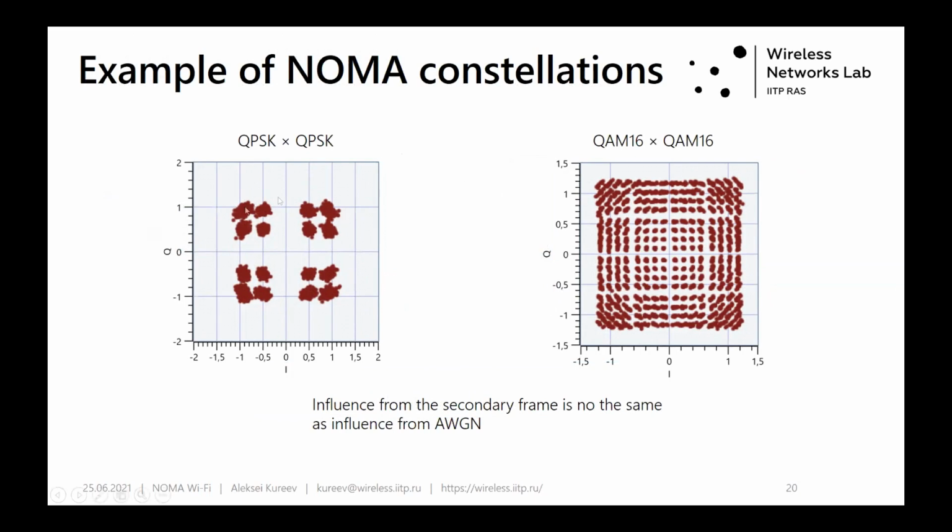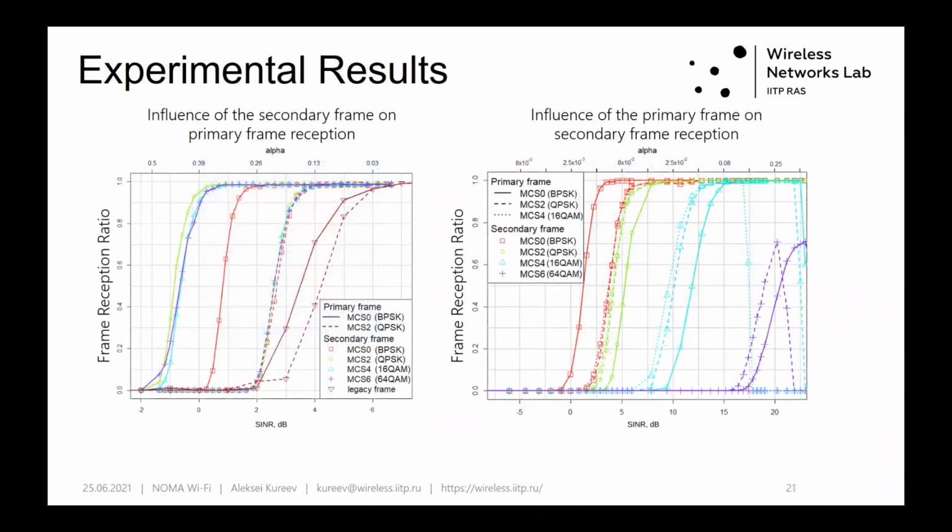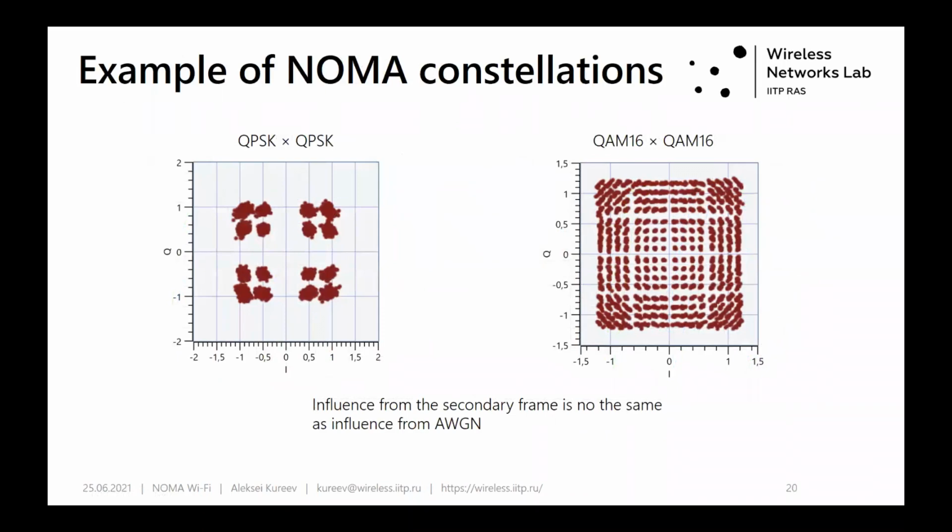And these are the results of our NOMA receiver. So this is how it sees the combination of constellations from the primary and secondary frame, and this is the example for QPSK and QPSK modulation, and this is an example of QAM16 from QAM16. One thing that I should notice here is that in the literature, researchers usually consider the influence of the secondary frame on the primary frame reception as additive white Gaussian noise.